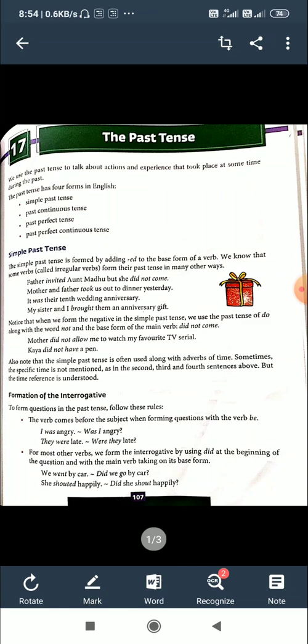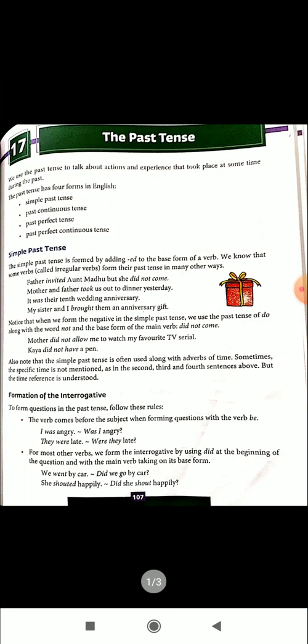Correct: Mother did not allow me. Also note that the simple past tense is often used along with adverbs of time. Sometimes the specific time is not mentioned, as in the second, third, and fourth sentences above, but the time reference is understood. Now, formation of an interrogative.